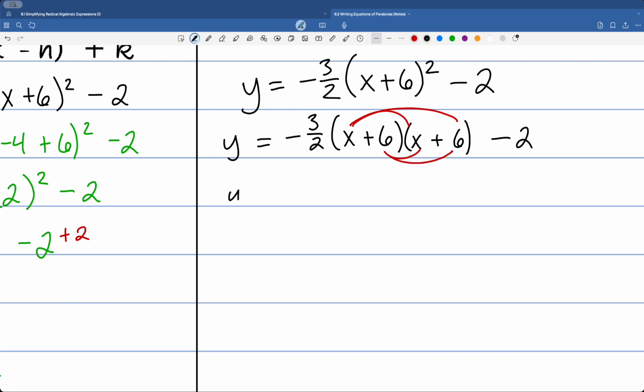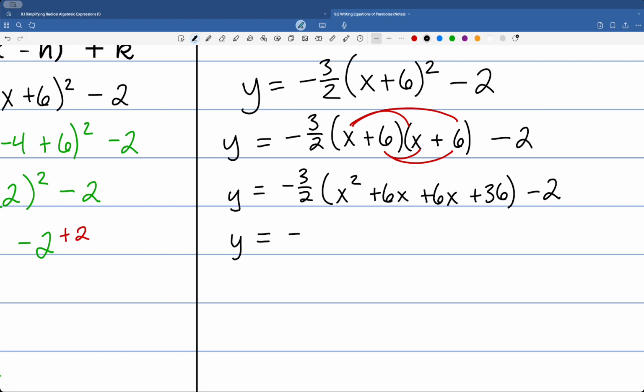We're going to get y equals -3 halves of (x squared plus 6x plus 6x plus 36) minus 2. Okay, clean this up.